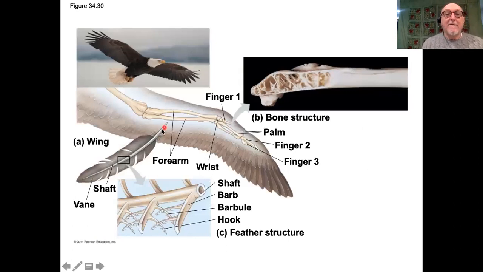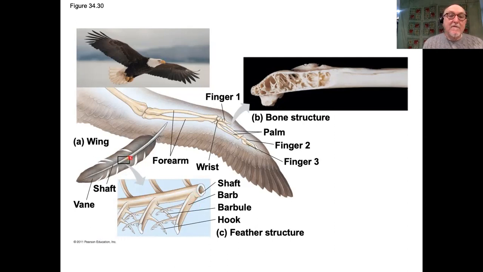Here, pluck a feather out of a bird wing, and it consists of these smaller units on the feather, which all link together to form a single unit. And that unit on the feather is able to resist the force of air being pushed against it during flight.